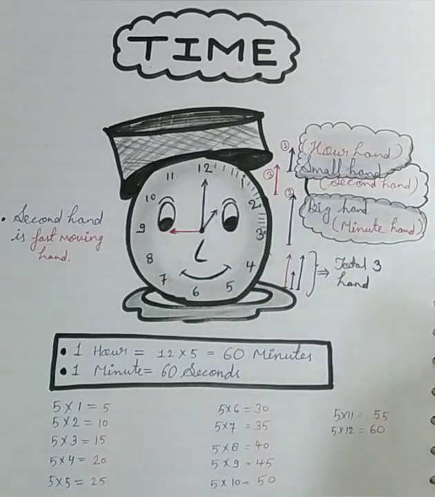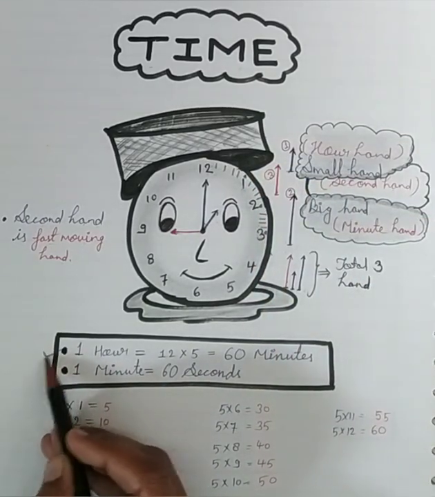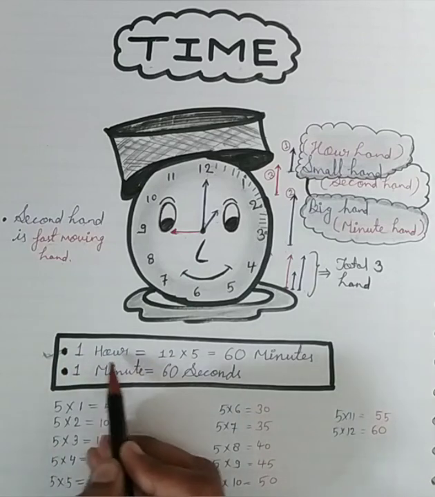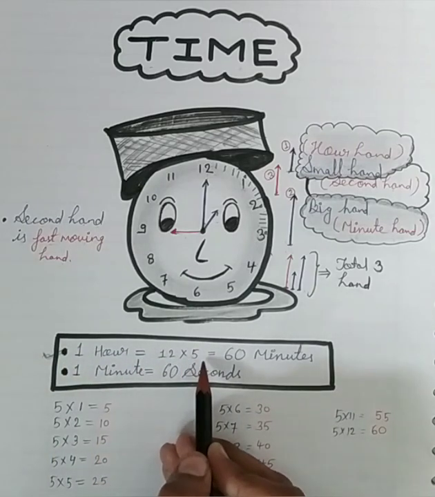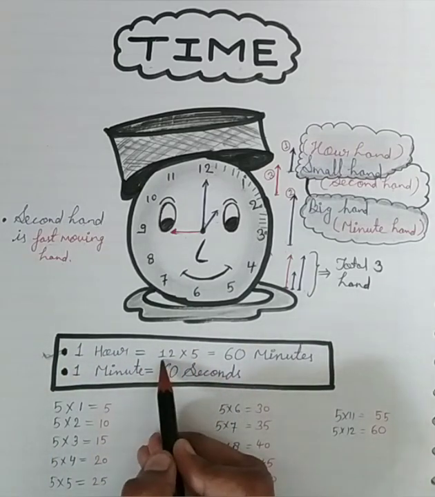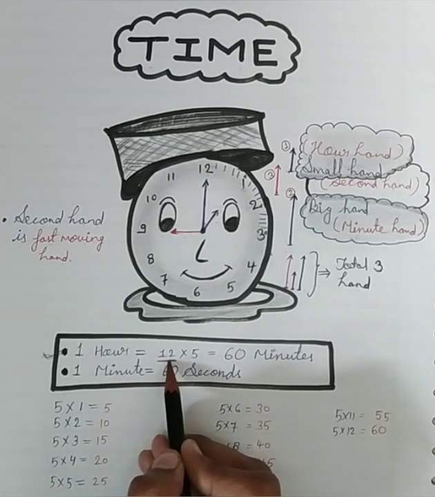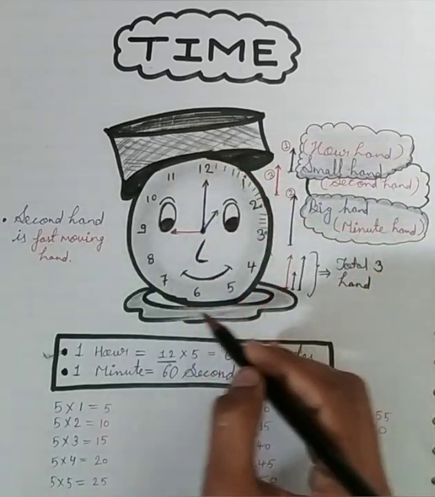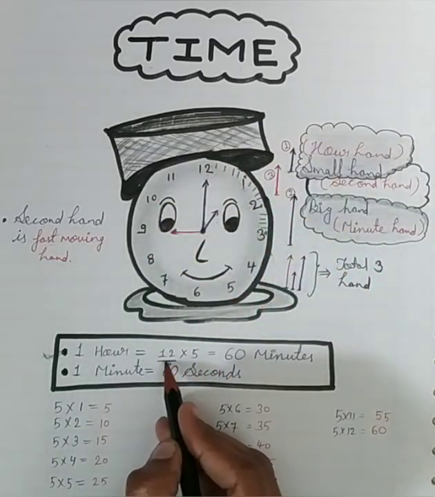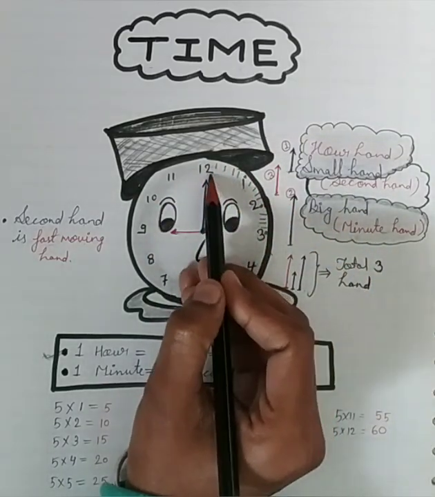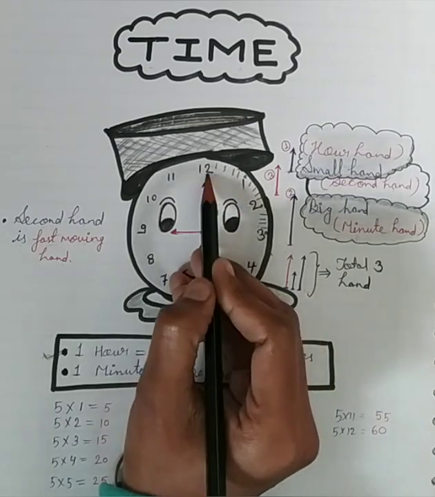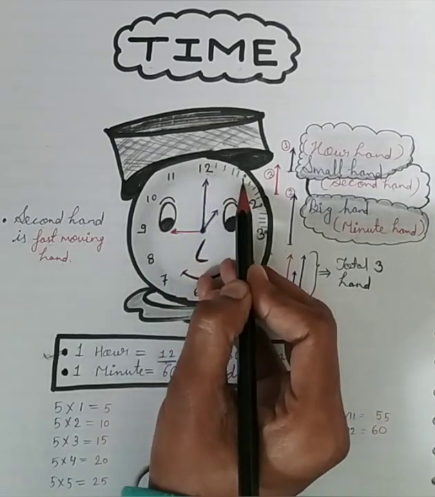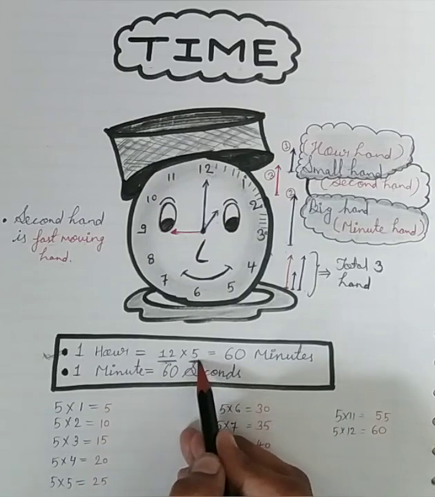So that's why I wrote here, 1 hour is equal to 12 into 5, which is 60 minutes. It means the number 12 shows that a clock is divided into 12 equal parts, and each part of the clock is further divided into 5 parts.